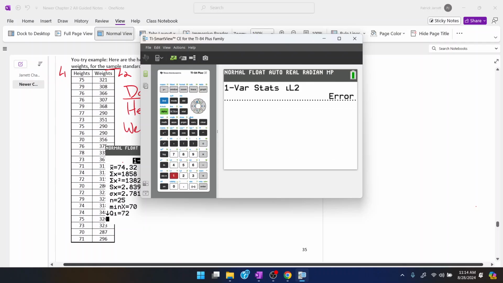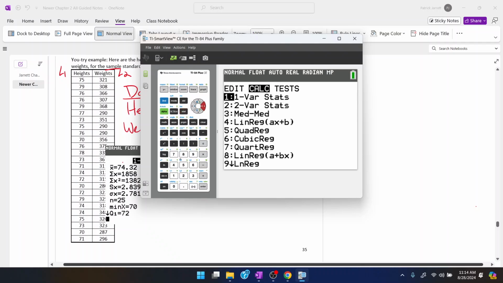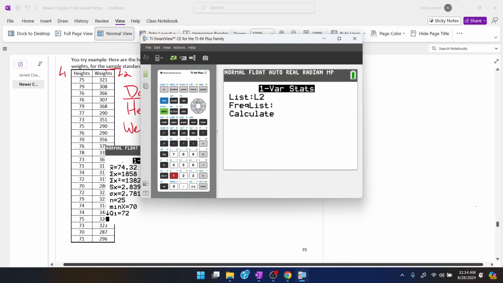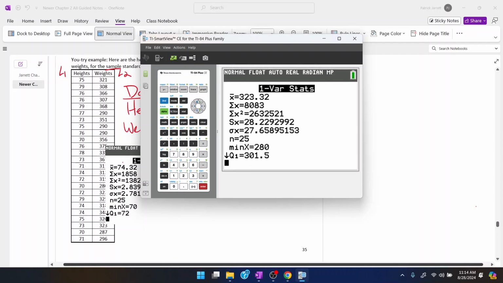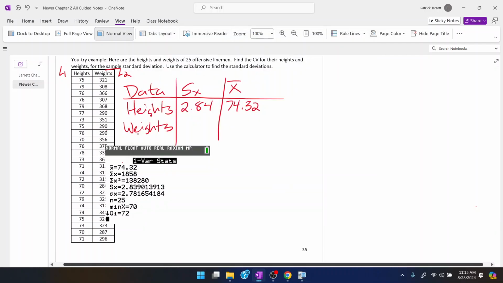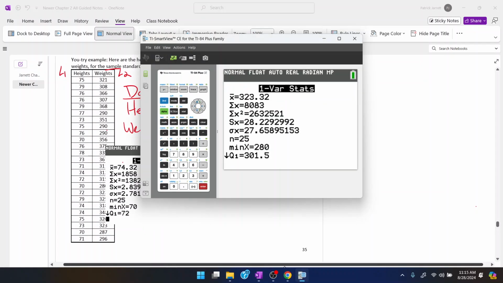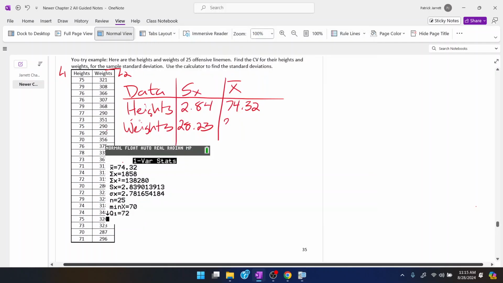But that's okay, because in order to get list 2, you hit second and 2. The 2 is kind of a subscript. Think of it that way. And so we go to calculate that, and we have our standard deviation as 28.23 and our mean as 323.32 pounds.